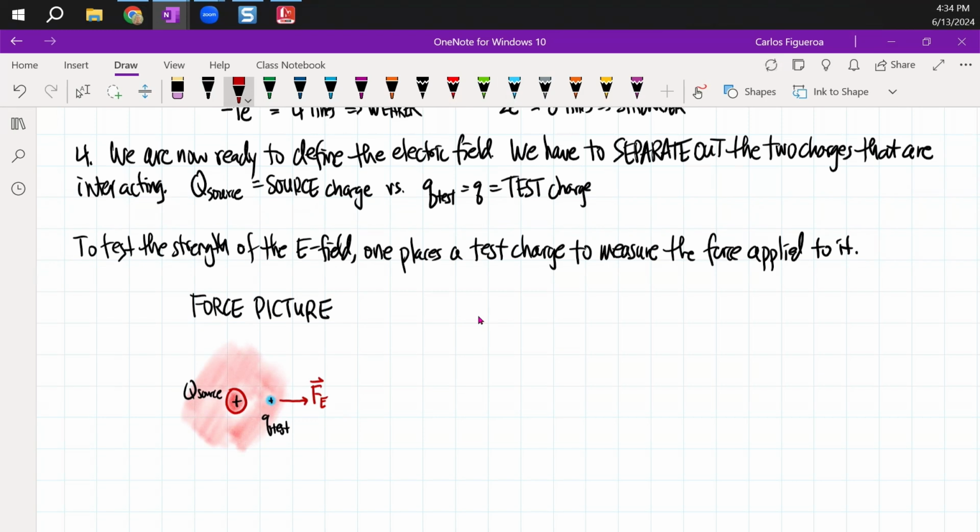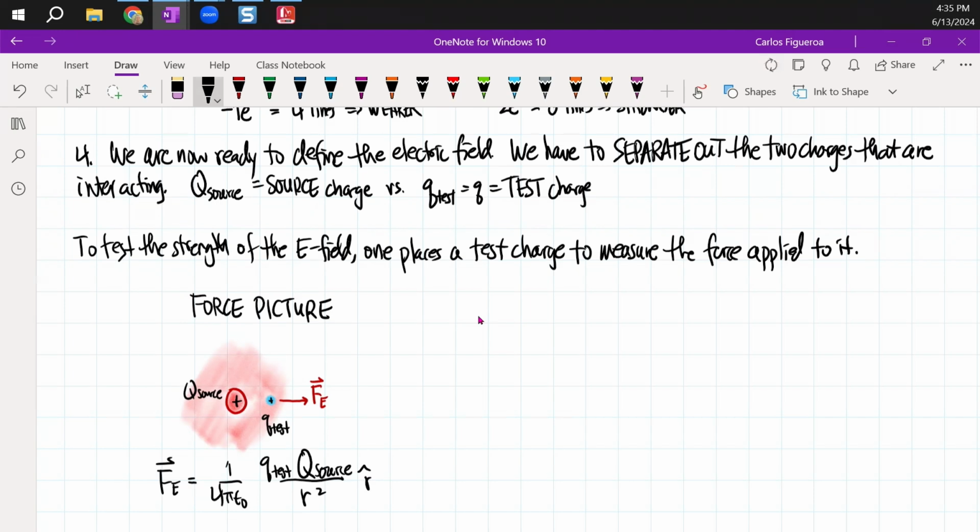We know how to write the electric force. It's a vector, and if we're talking about point charges, we know how to write that. This is Q test, this is Q source, and this here is the distance. And of course, we need that direction.